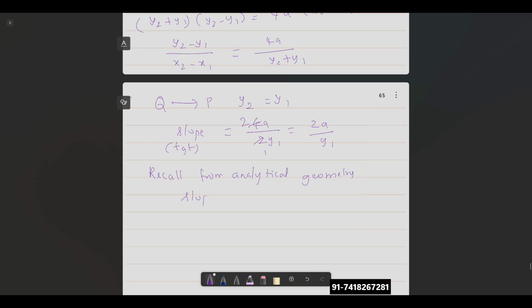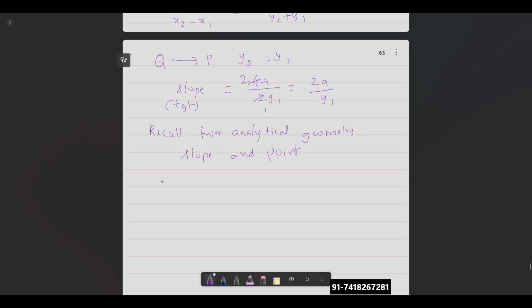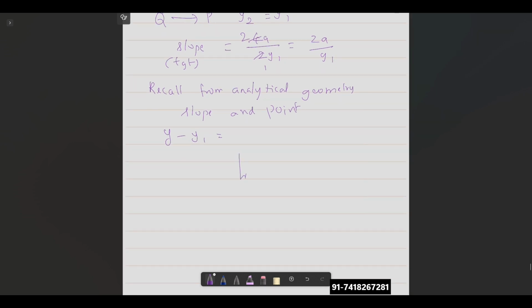If you are given a slope and a point, you can easily construct a straight line. So what is that straight line? It will be y minus y1 equal to m into x minus x1. So y minus y1, our m is this one, right?